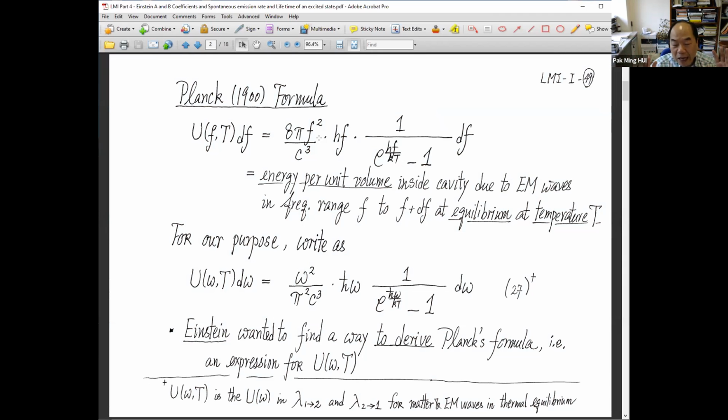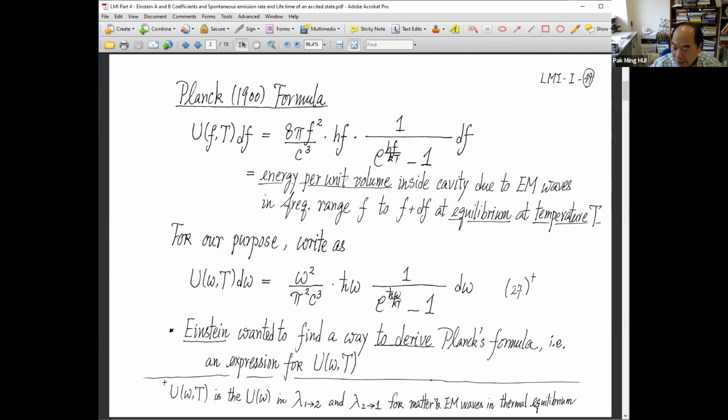The key point is that Planck proposed this formula to explain experimental result in 1900, all right? And that works perfectly. And at the end, when he tried to explain his work, he has to invoke something called quanta of energy, hf, that has to do with oscillator.